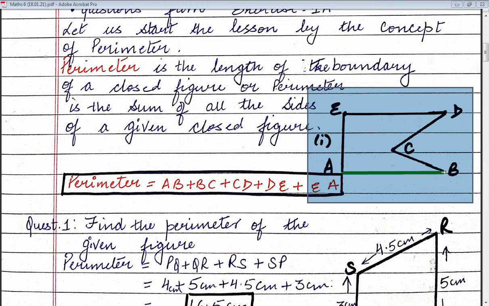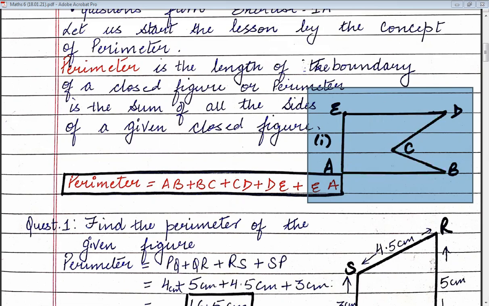So you can say that AB plus BC plus CD plus DE plus EA will represent the perimeter of this given figure. So I hope children you are clear with the meaning of perimeter. Perimeter means just the sum of all its outer sides.